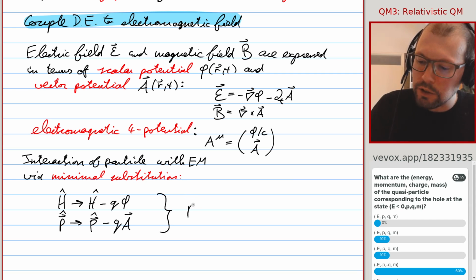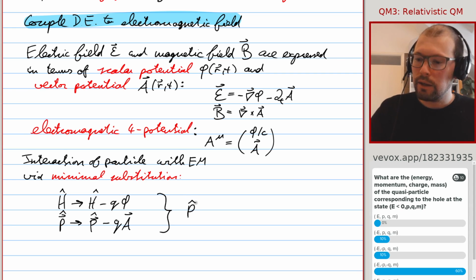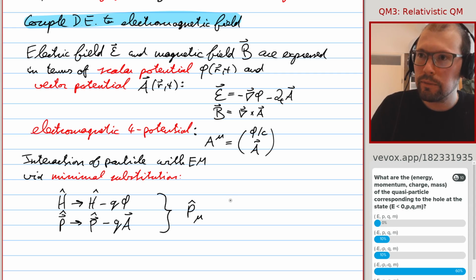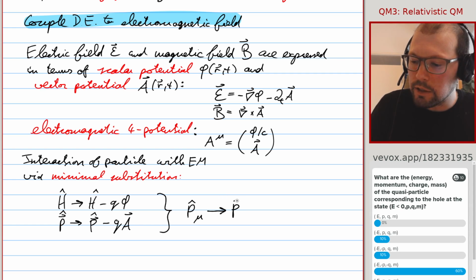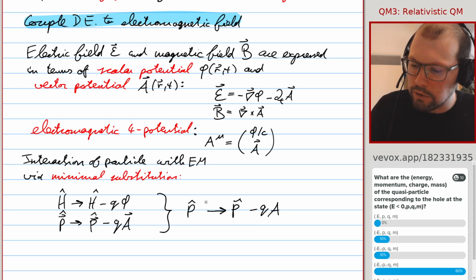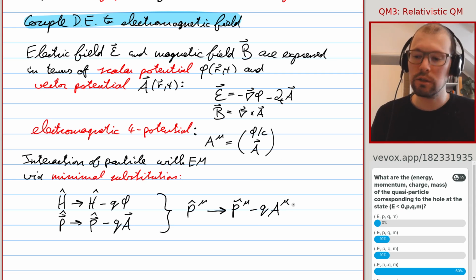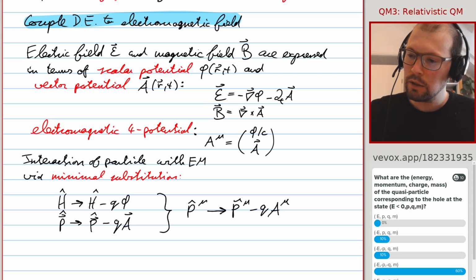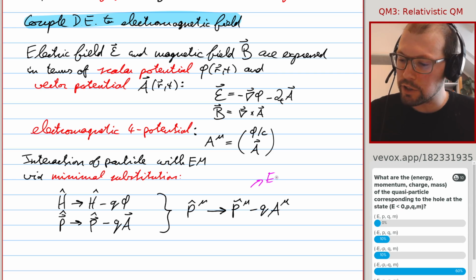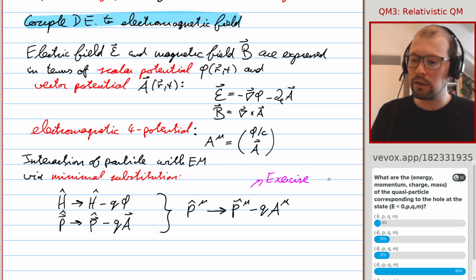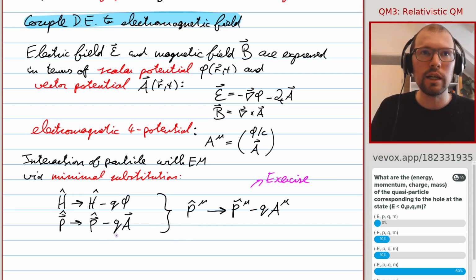Or in covariant notation, we take the contravariant momentum p^mu and replace it by p^mu shifted by the 4-potential. So actually there will be an exercise, not on Monday, but the week after, in which you're going to show that this simple shift really accounts for the correct Lorentz forces on the particle.